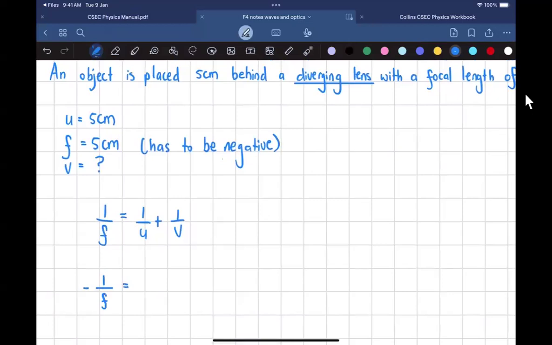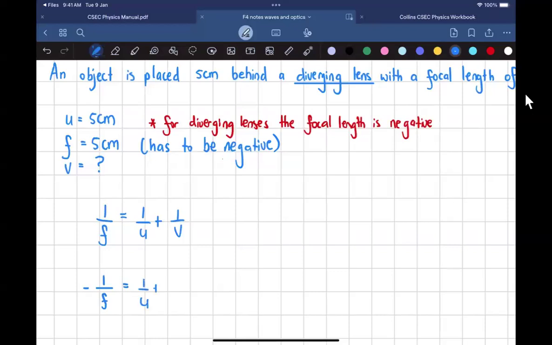What the note's supposed to say is that for divergent lenses, the focal length is negative. So you would have negative 1 over f is equal to 1 over u plus 1 over v.